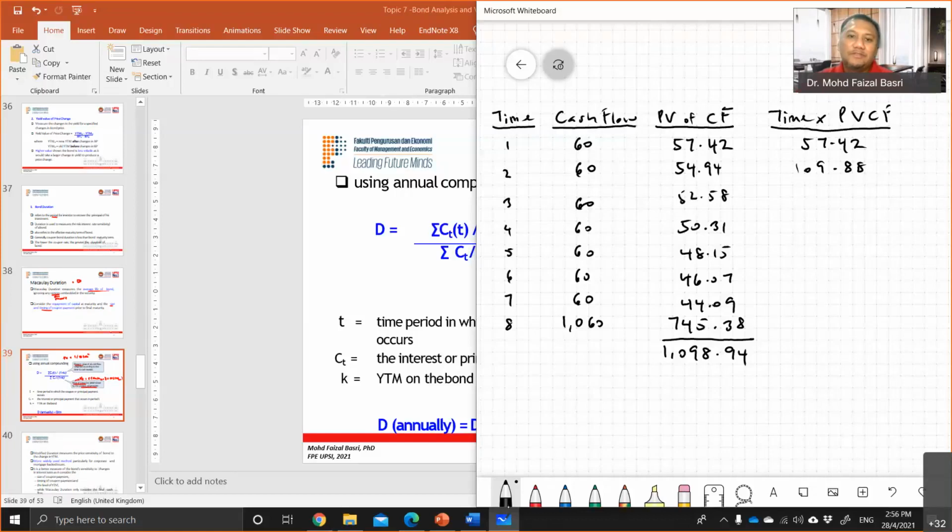The next one is 3 multiplied with 52.58. Then 4 times 50.31, 5 times 48, and lastly 8 multiplied with 745.38. Please again help me find the figures for all of the rows.